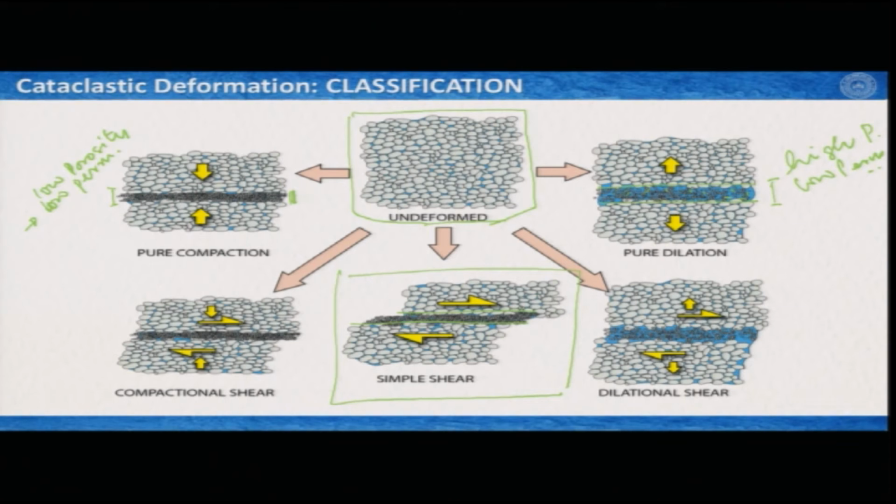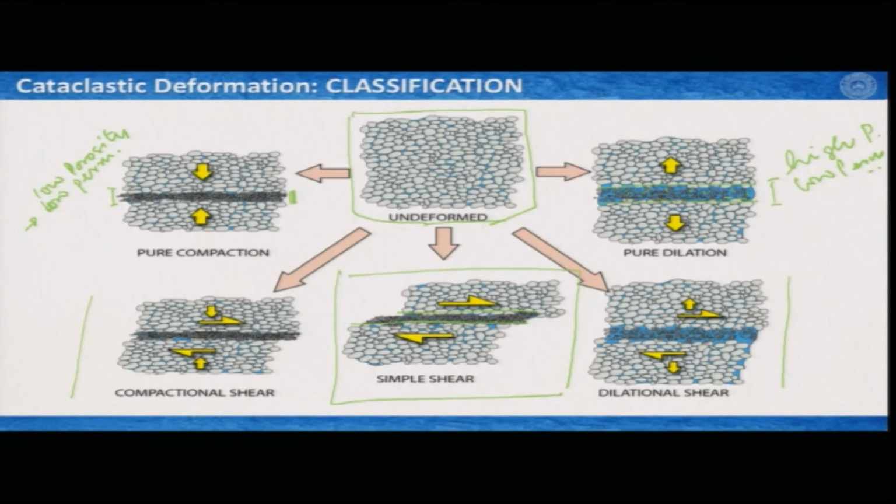Now, if compaction and simple shear combine together, then you have something called compactional shear, and if simple shear and dilation combine together, then what you get is dilational shear.